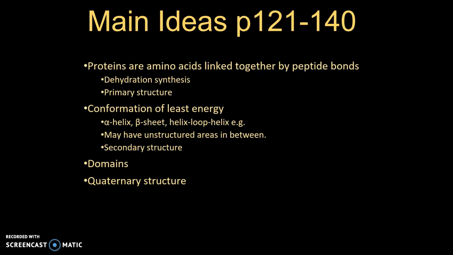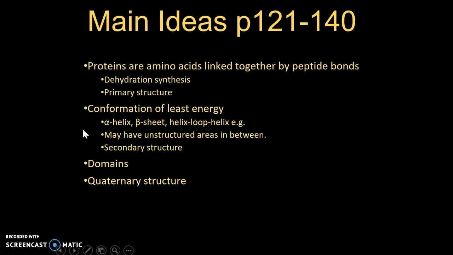And then self-assembly happens to that primary structure, just based on what the primary structure is, and it will create conformations that have some amount of stereotypic nature to them. There are a couple that recur over and over in proteins. Those include the alpha helix, the beta sheets, helix loop helix, and some others.